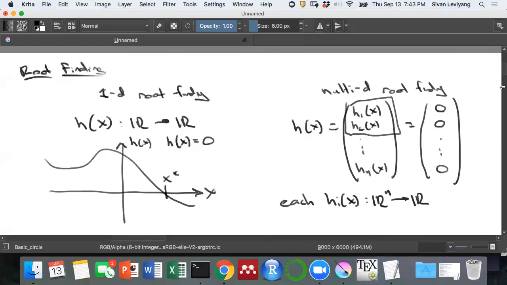That means you have n variables, like x1, x2 to xn. This is the number of variables. And how many equations you have is the number of h's, which is also n. So generally, in multidimensional root finding, the domain dimension should be the same as the length of the vector you're sending.